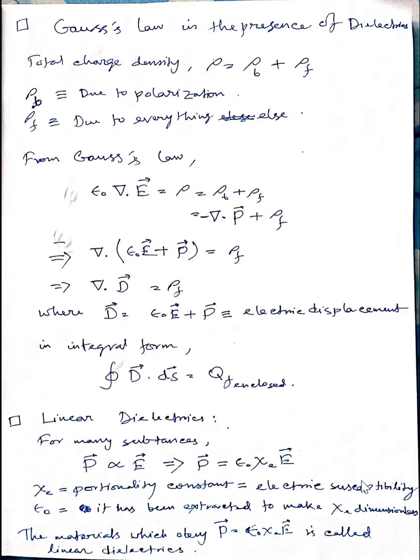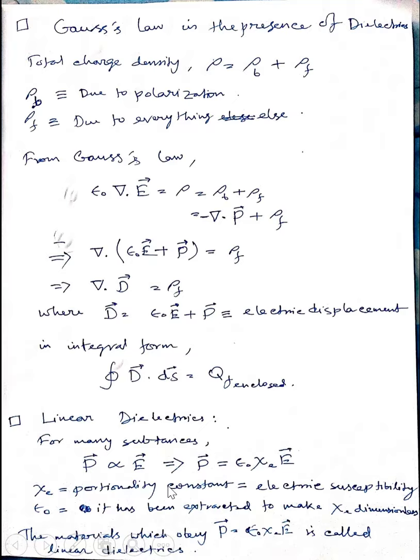So you can see here, P equals epsilon 0 chi E, where chi is a proportionality constant. We call it the electric susceptibility, and epsilon 0 is extracted here to make chi dimensionless.